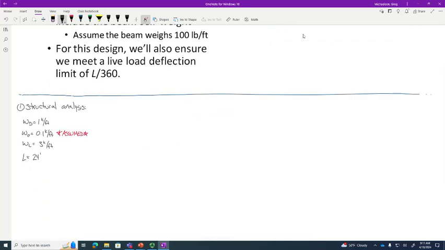Okay, so we have a simply supported beam subjected to a uniformly distributed load, so we've got some structural analysis to do.